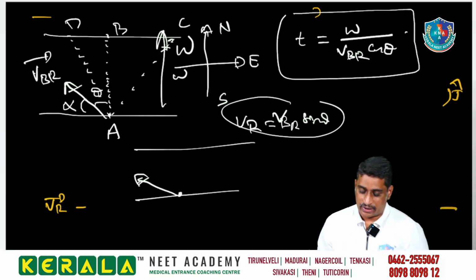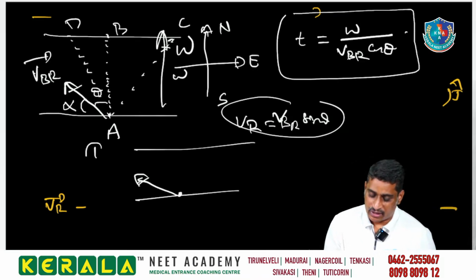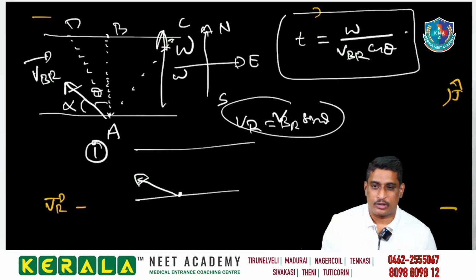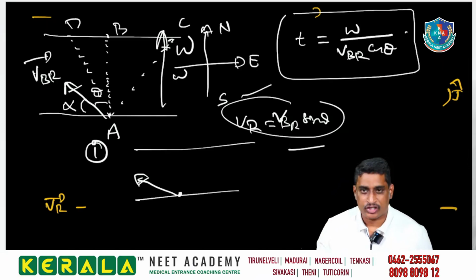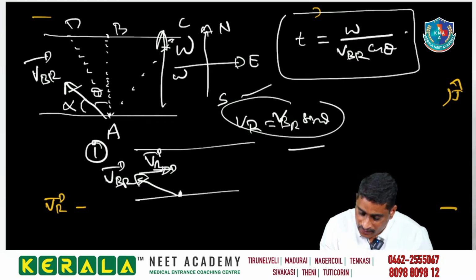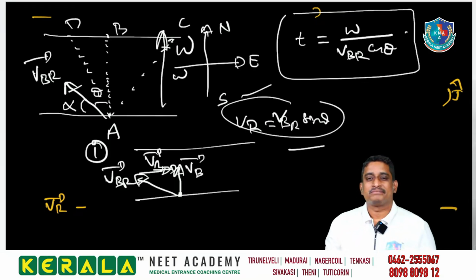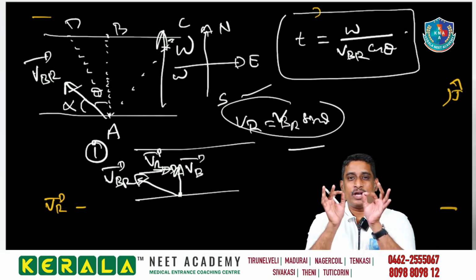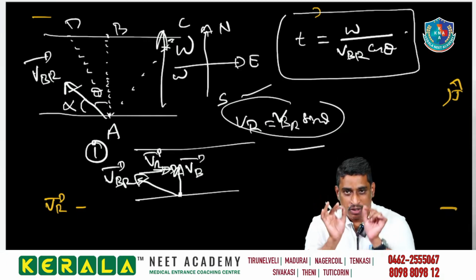Just look at this diagram. Suppose first of all let us consider it is reaching the exactly opposite point. With this condition, VR will be equal to VBR sin theta. This is VBR bar, this is VR bar, and this will become VB bar. Already we have seen VB bar, the velocity of the boat with respect to the ground.